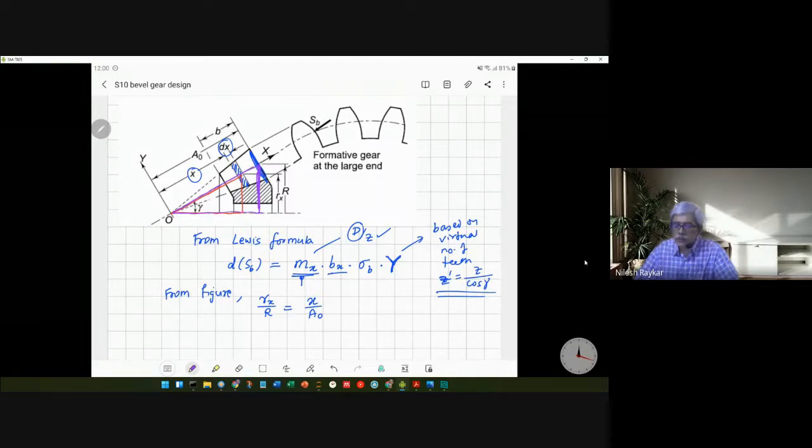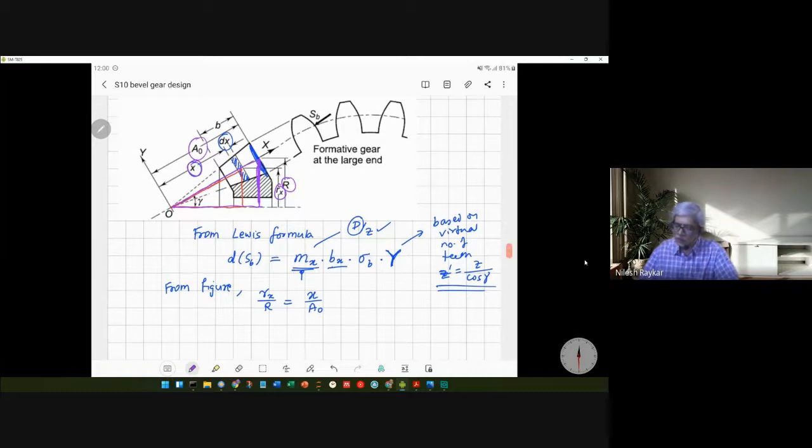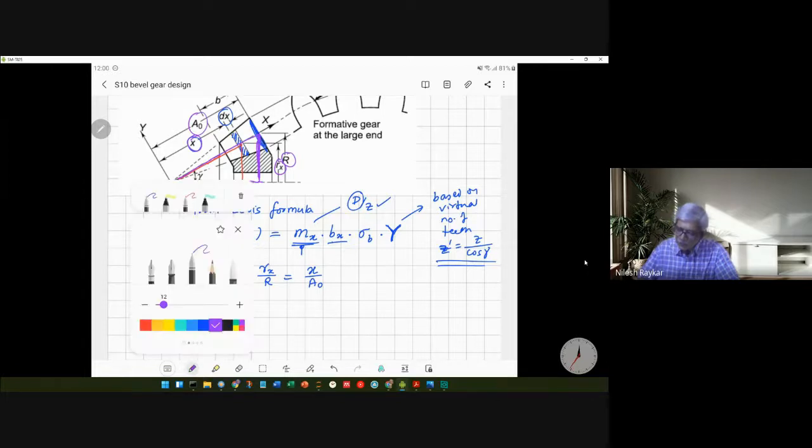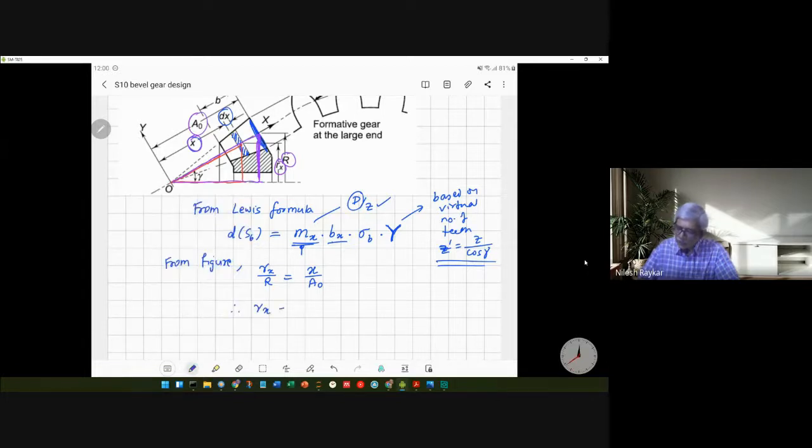For these two similar triangles, Rx by R, the vertical heights, will be equal to the ratio of their hypotenuse. So for the red triangle it is X, for the other triangle it is A naught. So we get Rx in terms of X. It is X multiplied by R divided by A naught.